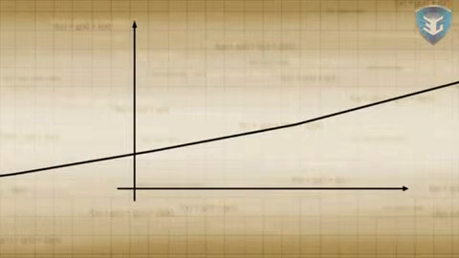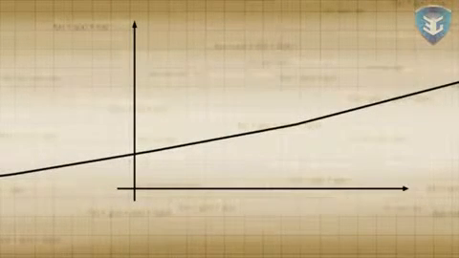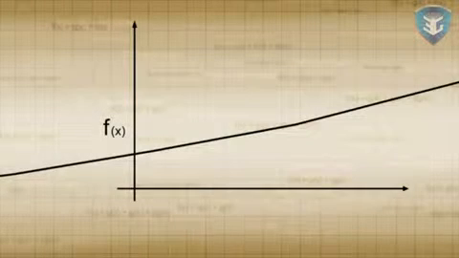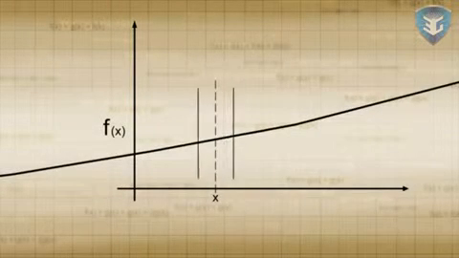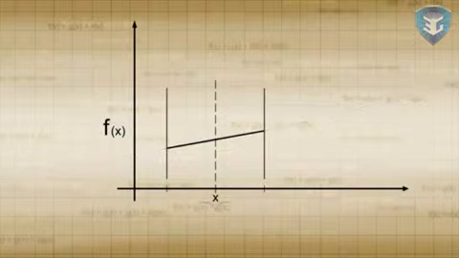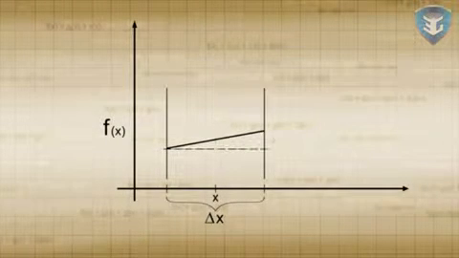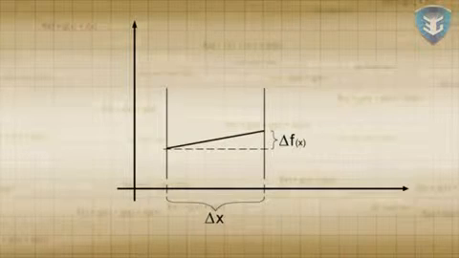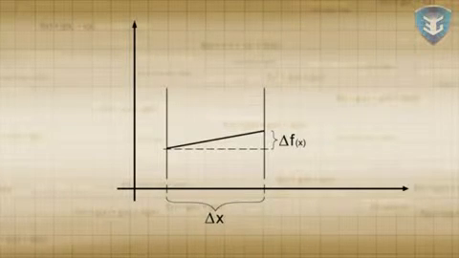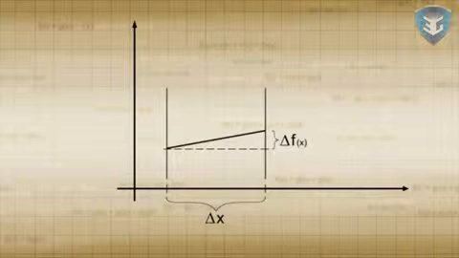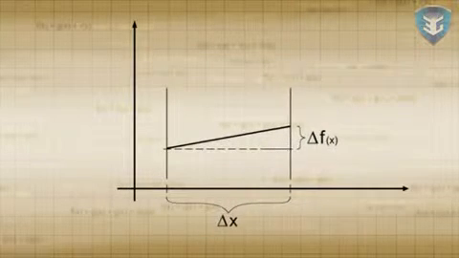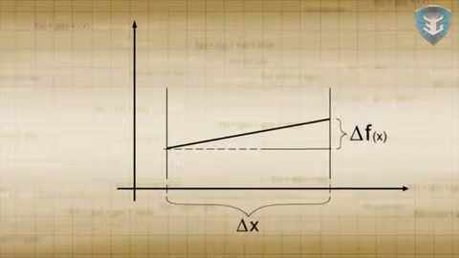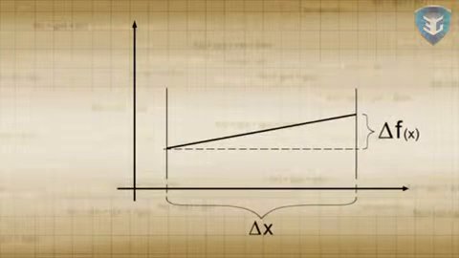If we take a look at the neighborhood of the function f of x at some value x, the size of the neighborhood will be delta x in width. You may notice that as long as we keep our distances very small, if you increase the size of delta x, the size of delta f of x also increases proportionally.